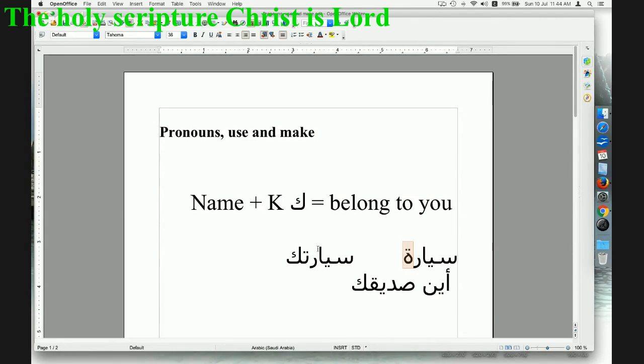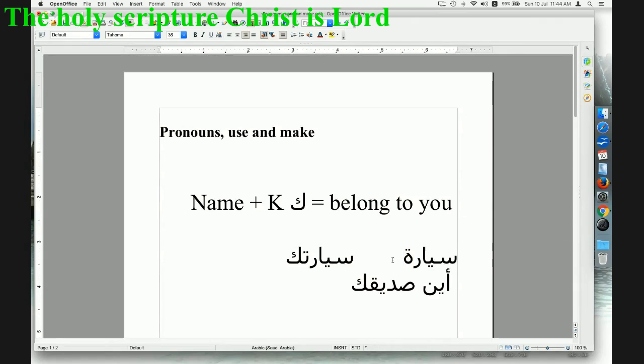So the sayyara became sayyaratuk. This is how the ta looks like. And we spoke before about why the ta comes as a normal ta, not ta marbuta. If you remember, we said that because the letter before it does not accept connection, and the ta at the end is very light, so it comes as sayyara with ta marbuta, not ta maftuha.